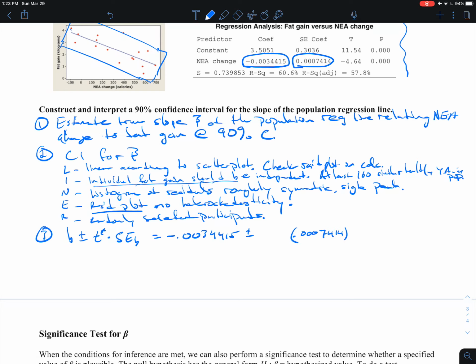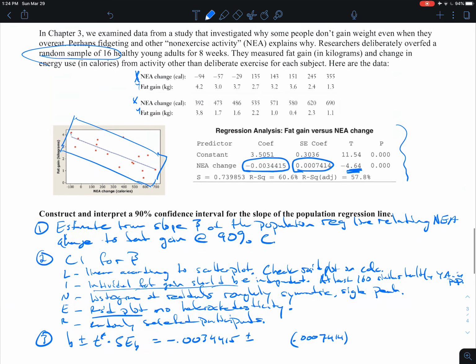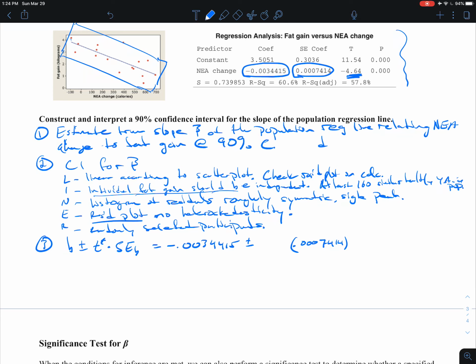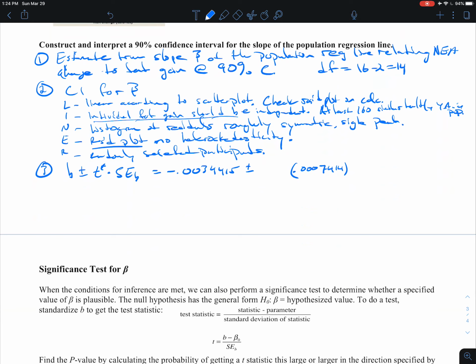Now the t for 90% confidence, and we had 16 observations, so degrees of freedom, we'll sneak that in here. Degrees of freedom equals 14. N minus 2 for the regression procedure is 1.761 from our table or your calculator.